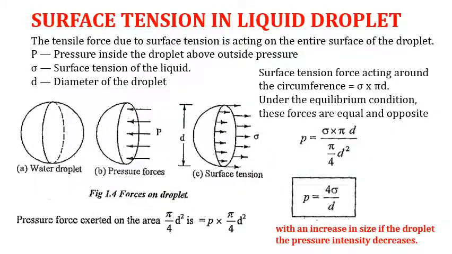So let's calculate the surface tension in a liquid droplet. As we know, a liquid droplet is spherical in shape and we have to cut it in half. An internal pressure will be developed, which is due to the surface tension acting on the circumference of this droplet.